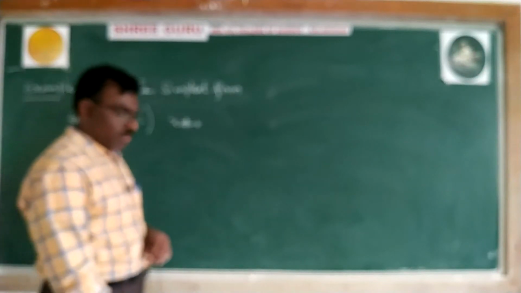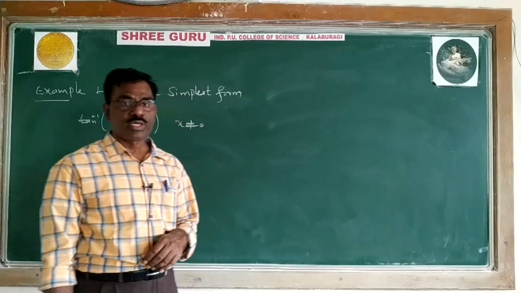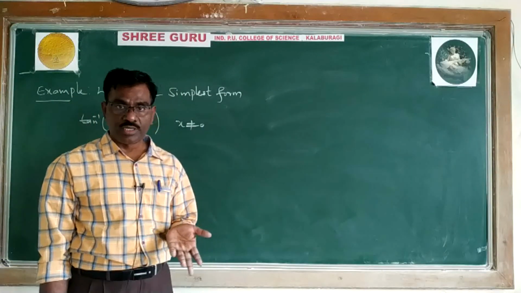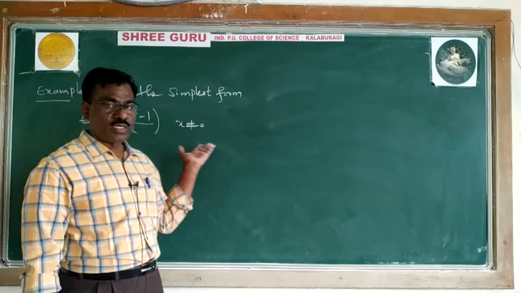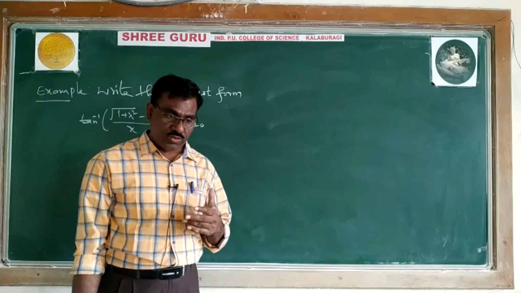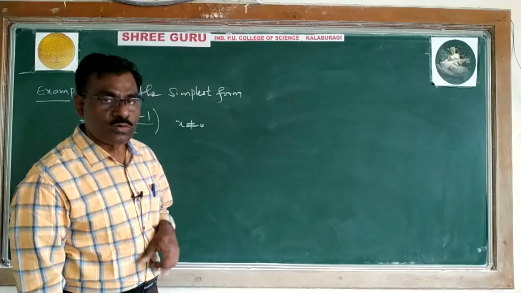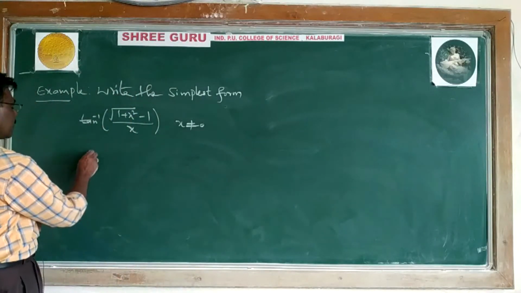Already you know that in differentiation by the method of substitution, usually when root 1 plus x square is there, the substitution is x equal to tan theta. Better you go to tan theta, or maybe sometimes cot is also possible.